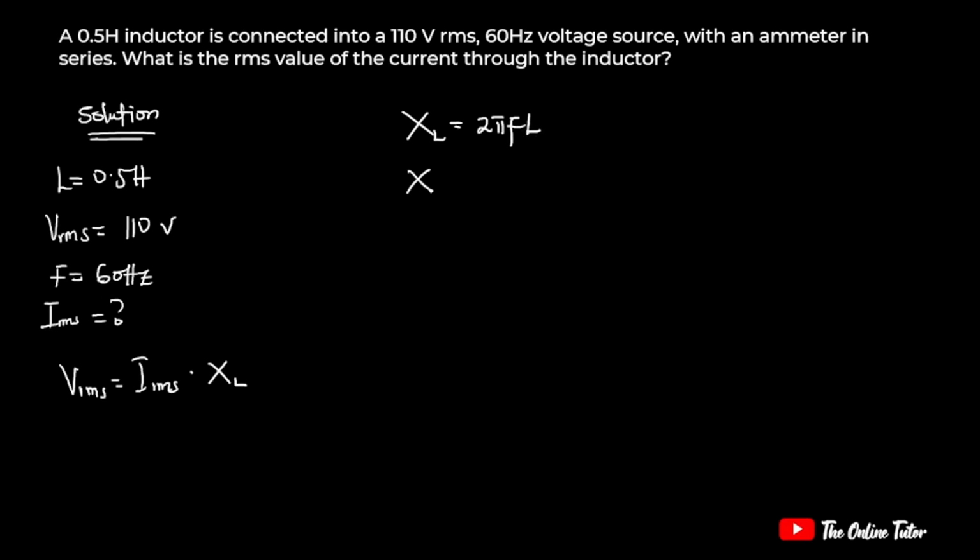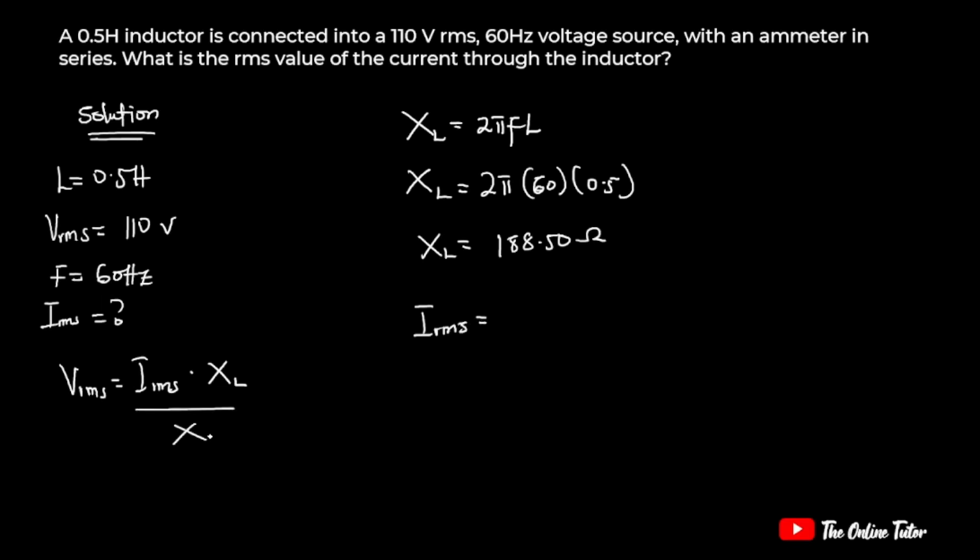So let's calculate our inductive resistance. We have 2 pi, the frequency is 60, the inductance is 0.5. So 0.5 multiplied by 60 becomes 30, multiplied by 2 pi, that gives us our inductive resistance to be 188.50 ohms. Alright, so to find our root mean square current, we get a ratio from here.